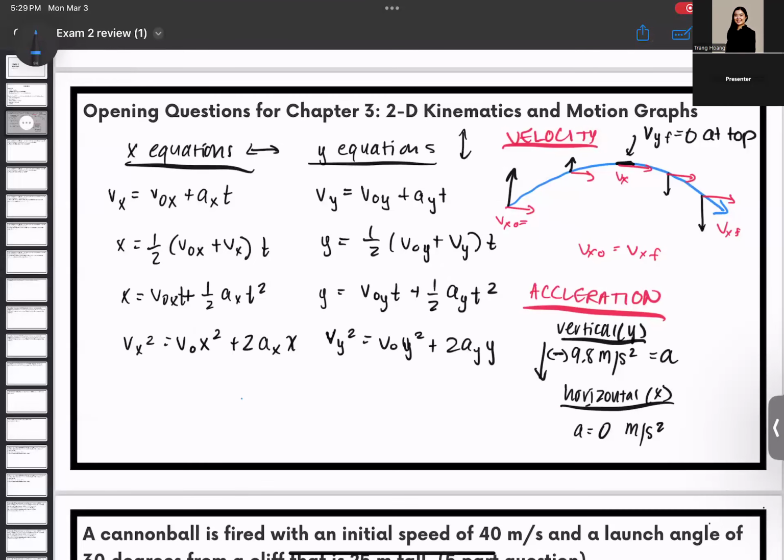You have your position versus time, your velocity versus time, and your acceleration versus time. Still brush up on these graphs just in case you're tested on them. Just know the trends. I'm not going to spend too much time on it because this should have been covered in your first exam, but take some time to review it. And this review itself will actually cover that as well.